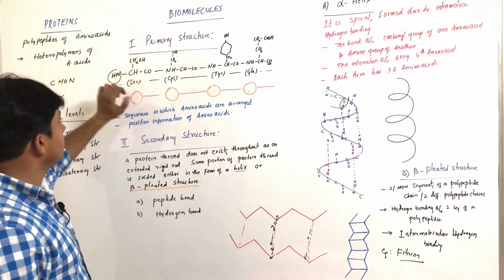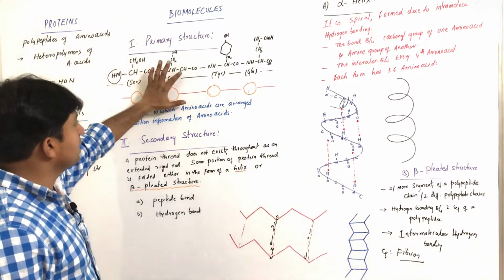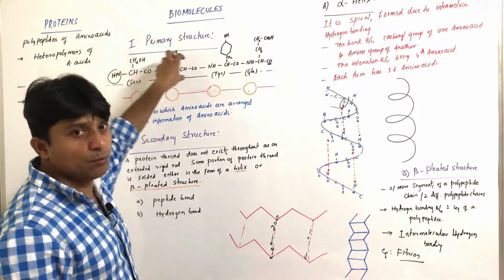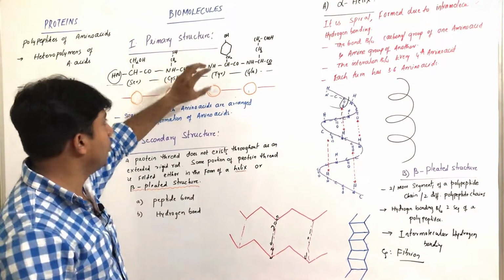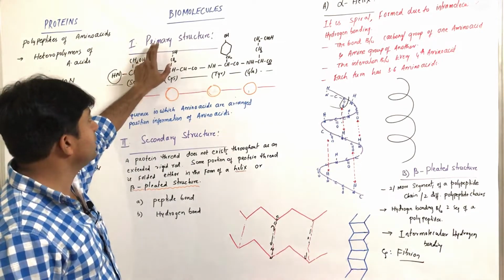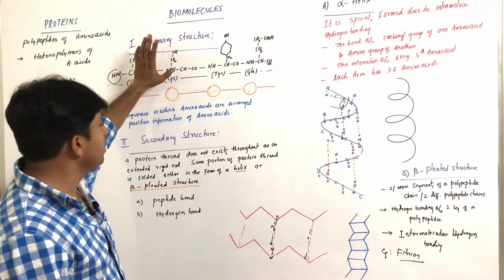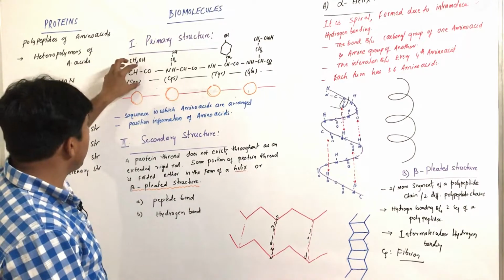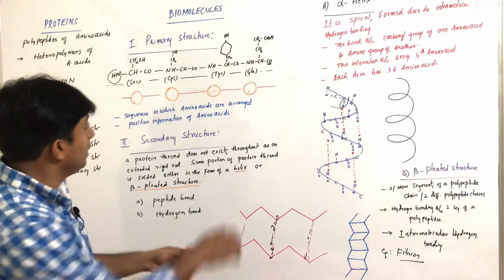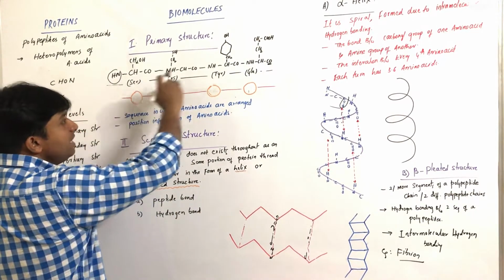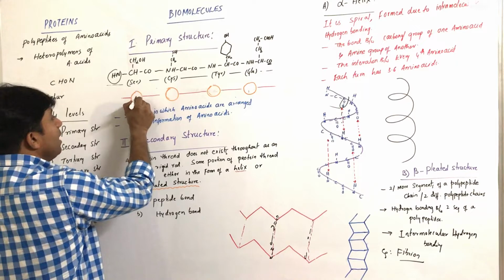This is an amino acid, serine, this is cysteine, tyrosine, glutamic acid. Imagine this is one sequence in any polypeptide chain of a protein. So how these are all arranged, this information is given by the primary structure. That means the positional information, these amino acids must be present in this way. So always the primary structure of a protein is a linear chain of amino acids.